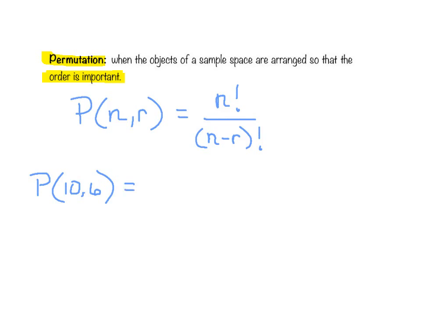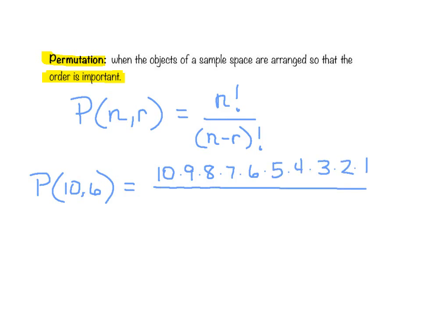You would say 10 factorial, which means this: 10 times 9 times 8 times 7 times 6 times 5 times 4 times 3 times 2 times 1. That would be 10 factorial, over 10 minus 6 factorial, which is 4 factorial, which is 4 times 3 times 2 times 1.